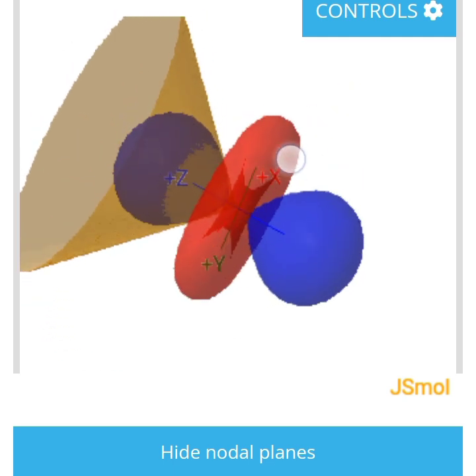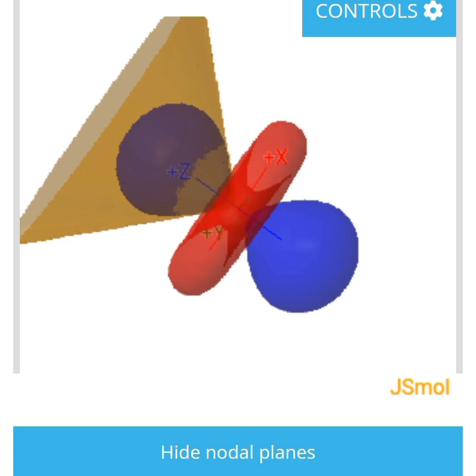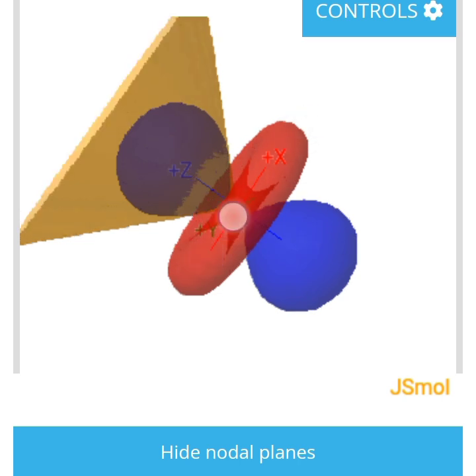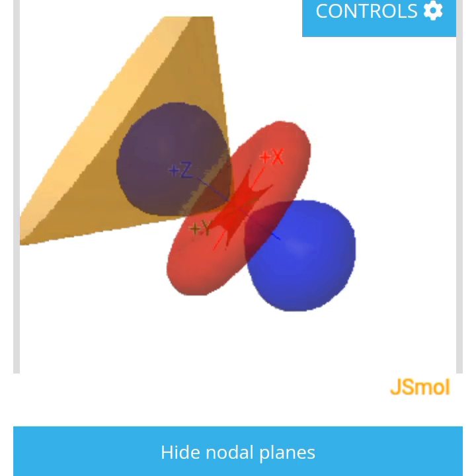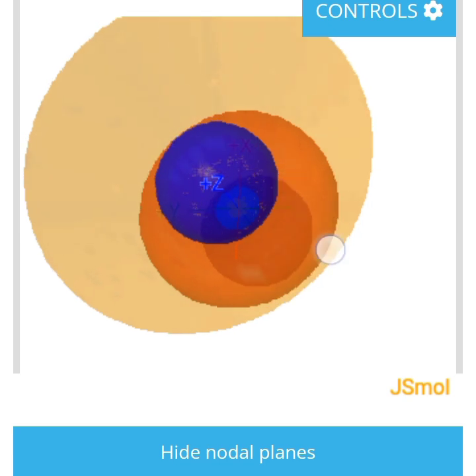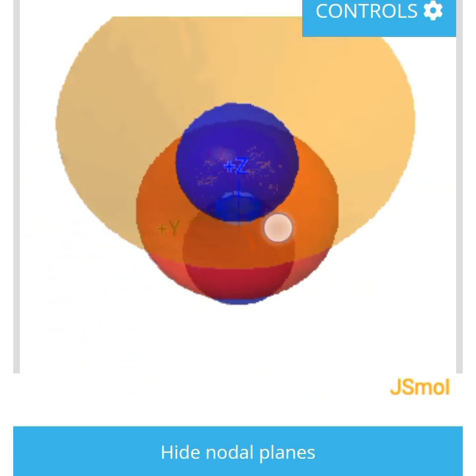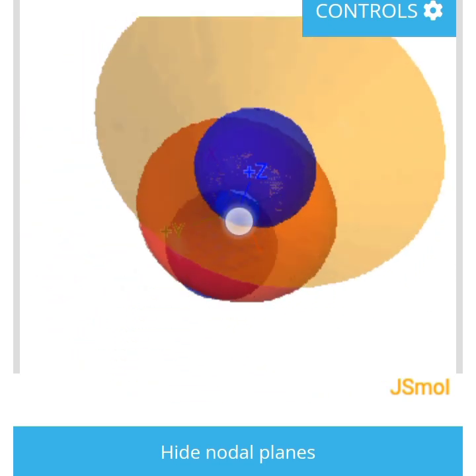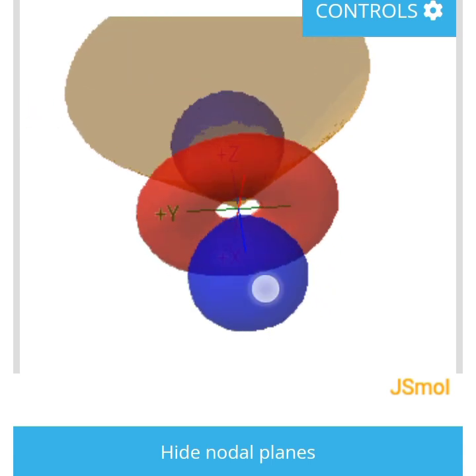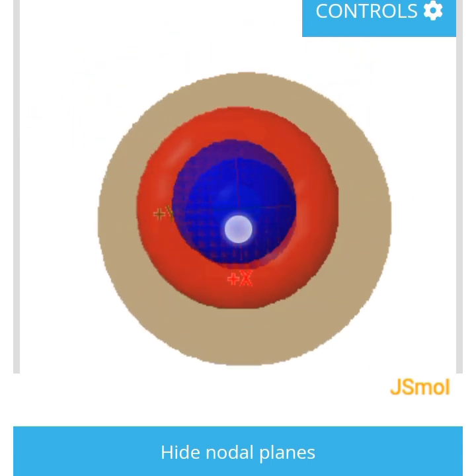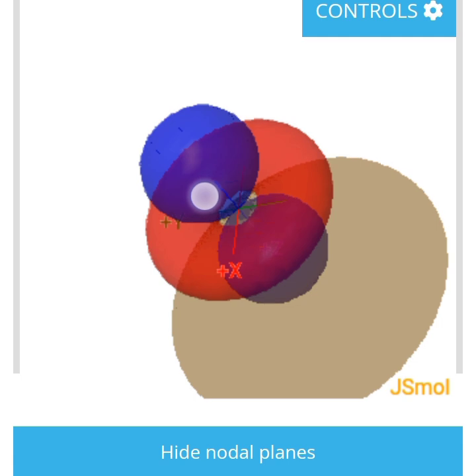Okay, I am pointing my pen on this. This is dx square minus y square, and this is dz square of one, dx square minus z square, and this is dz square of another, dy square minus z square.